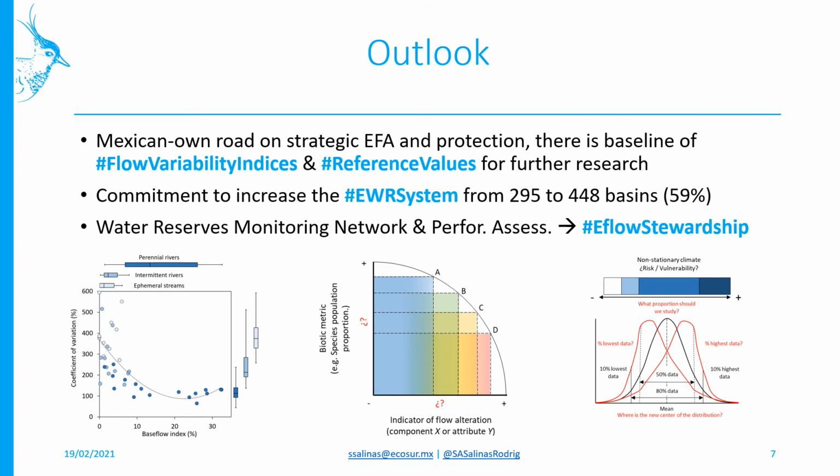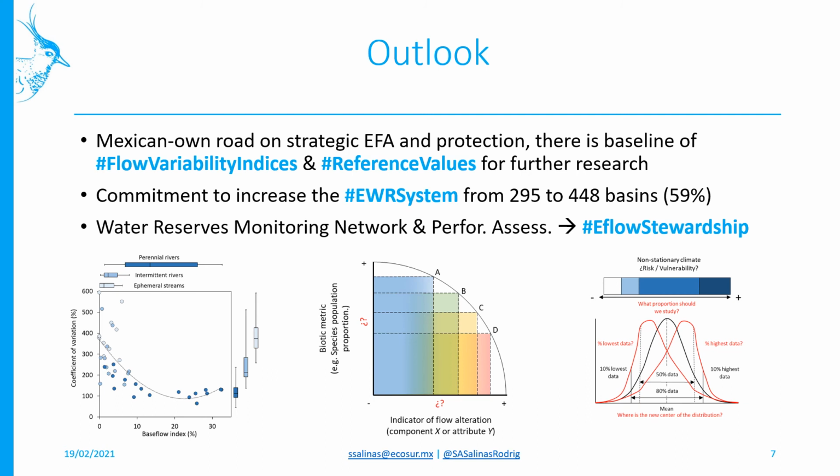Current environmental water reserves look administratively robust, and at a policy level, really promising, as such a number is expected to increase by 2024 to cover around 60% of the Mexican basins. However, on-the-ground implementation, adaptive management, and governance are not yet guaranteed.